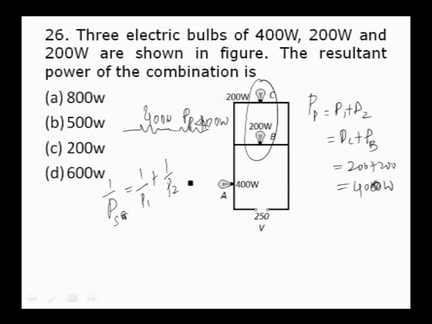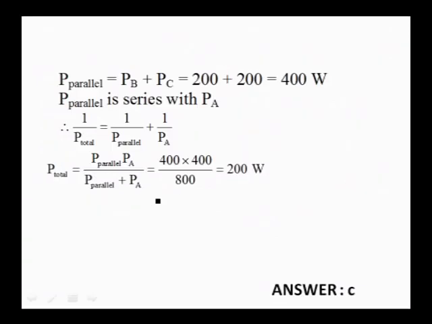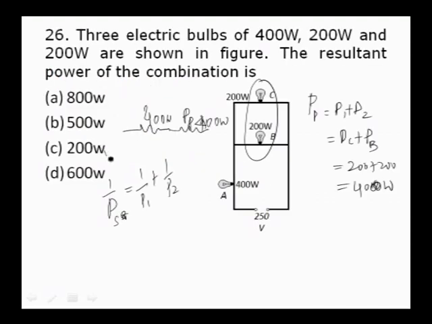Using this formula, we can calculate that P total is equal to P parallel into PA divided by the sum, 400 into 400 divided by 800. These two zeros are cancelled. 4 into 400 is 1600 divided by 8, or else you can simplify, 400 divided by 2, which is equal to 200 watt. Therefore, the correct option is 200 watt.